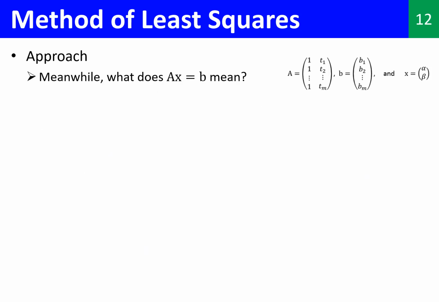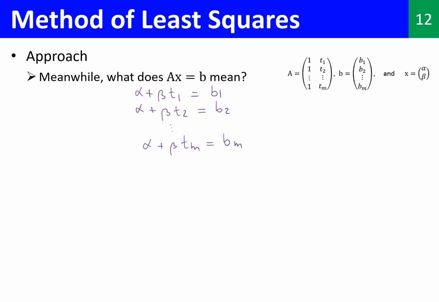Meanwhile, you must be wondering what it means by AX equals B. So if we write that, we get alpha plus beta T1 equals B1, alpha plus beta T2 equals B2, and finally alpha plus beta Tm equals Bm.